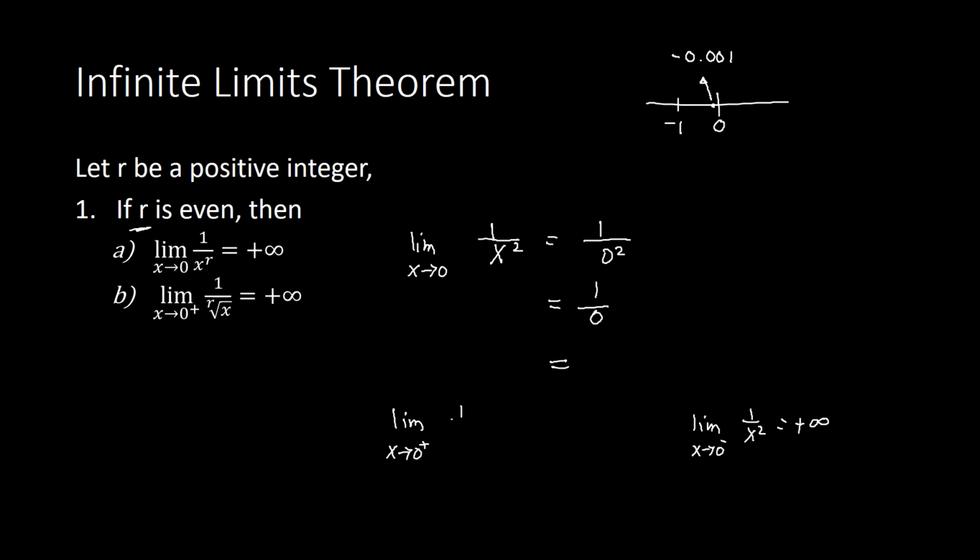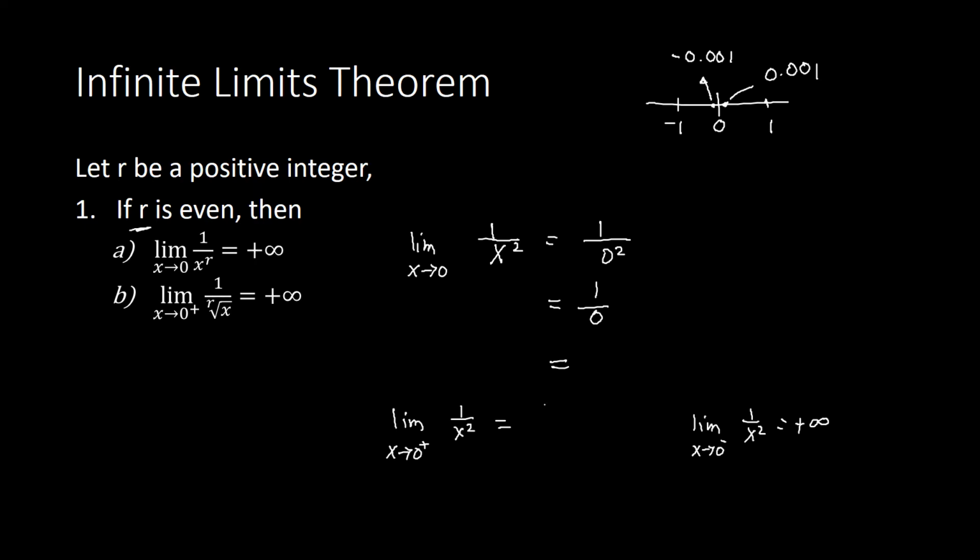So we have 1 over x squared. Again, we are going to get the limit of that one, this time with a value coming from the right side of 0. So if this is 0 on the number line, coming from the right side we've got 1 here. Once we pick this point, which is very close to our 0, this is equivalent to 0.001 as well.